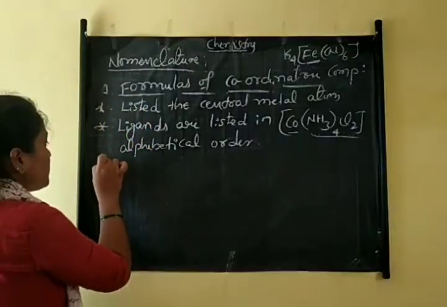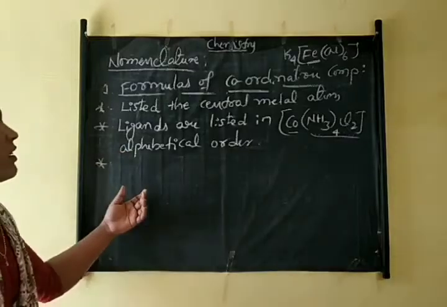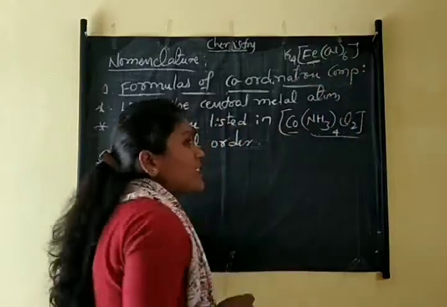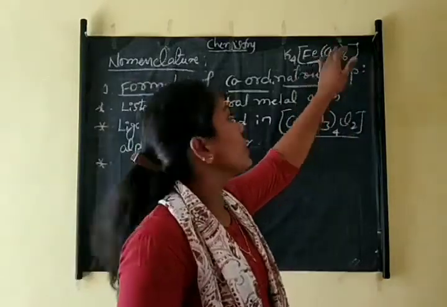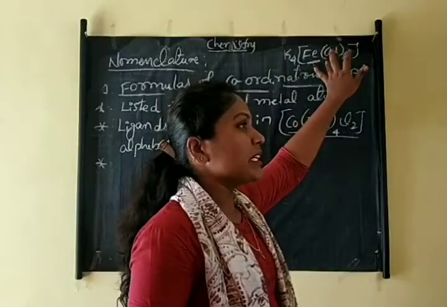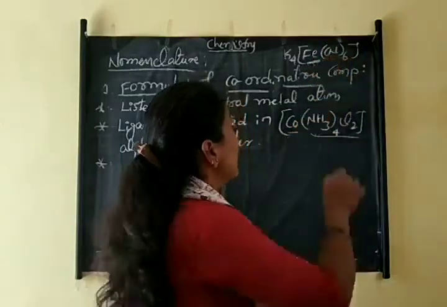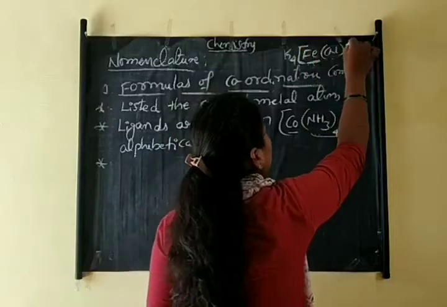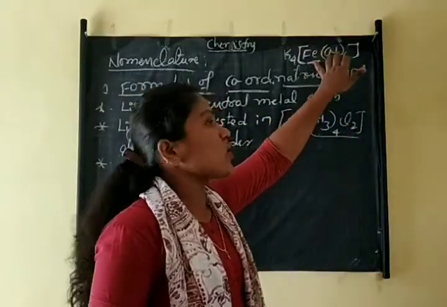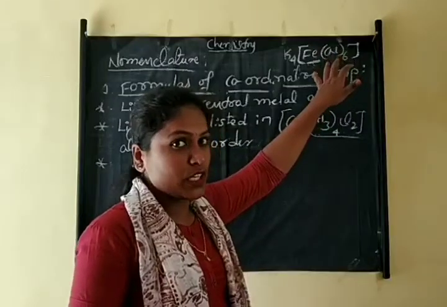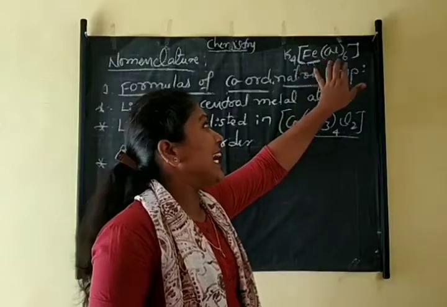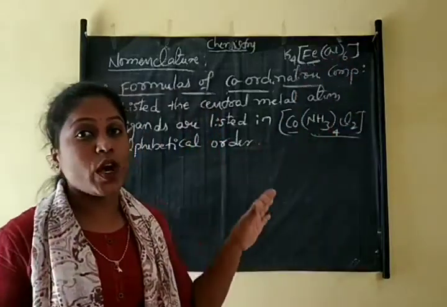And the third rule. Here in this coordination compound you can see the central metal atom and ligands. These central metal atom and ligands must be enclosed in a square bracket. The central metal atom and ligands together are called the coordination entity, as we know from the previous video. So these coordination entities must be enclosed in a square bracket.